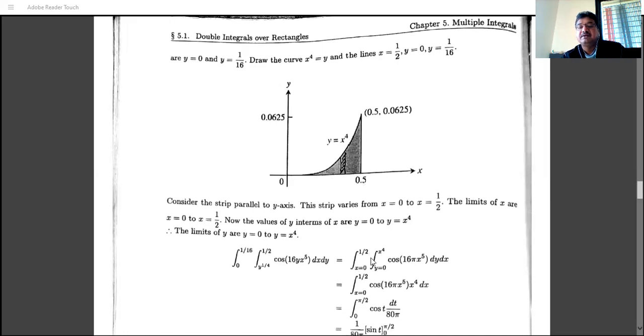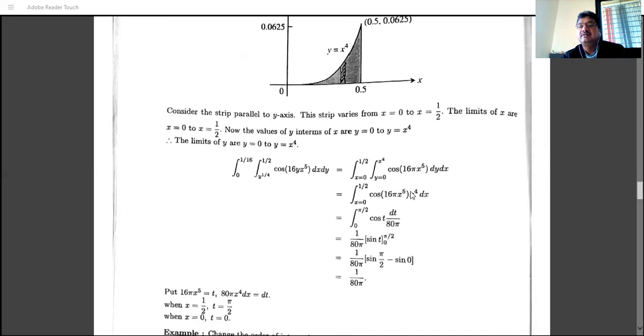So 0 to half is the limit of x. Then integration with respect to y: this quantity is constant, so its integration is cos(16 pi x^5) into y, with y running from 0 to x^4. Value at the upper limit is x^4 minus x^0, that is x^4.